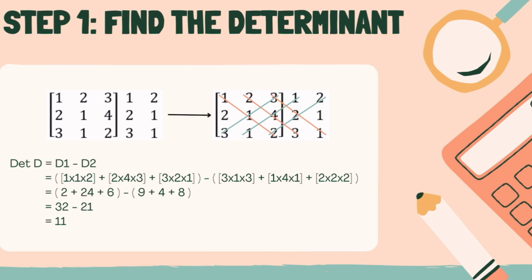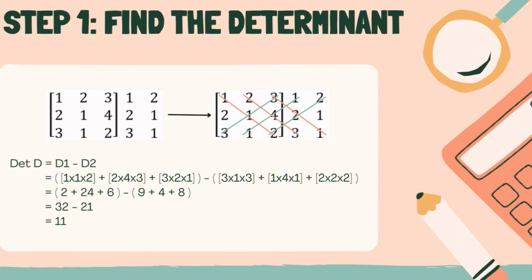Now what you will do here is you will sum up all the main diagonal and the secondary diagonal so you can subtract it. So as you can see here, the first main diagonal is 2 because 1 multiplied by 1 multiplied by 2 is 2. The second main diagonal is 24 because 2 multiplied by 4 multiplied by 3 is 24.